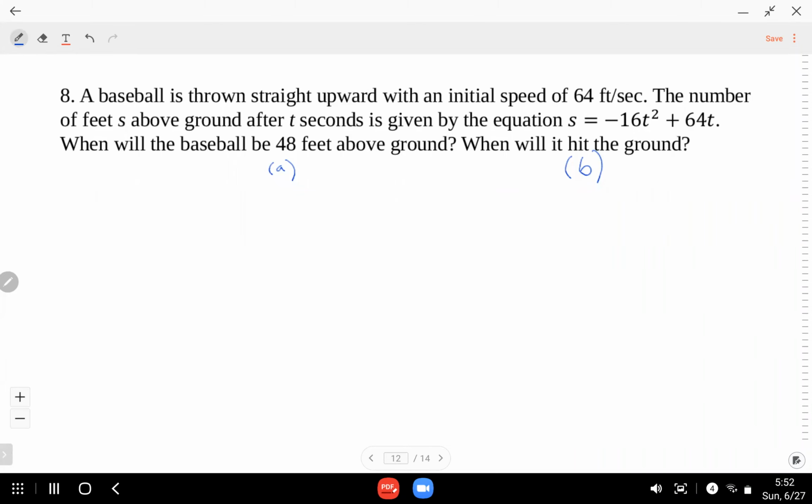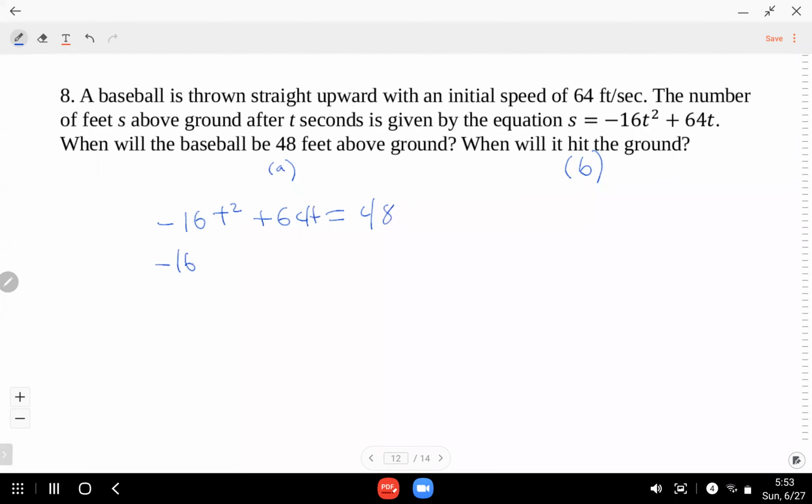So basically, when will the baseball be 48 feet above ground? That's when negative 16t squared plus 64t equals 48. Okay, that is when it equals 48. Now what do you do? You need to subtract.